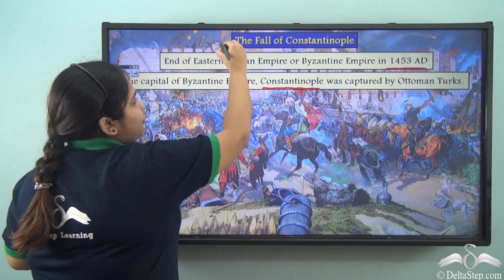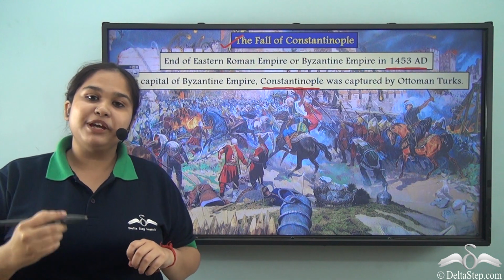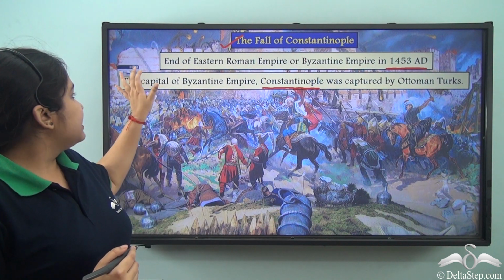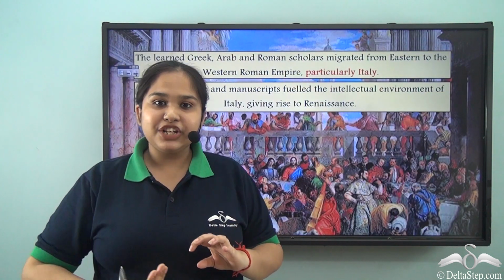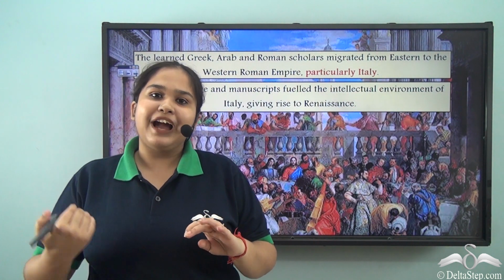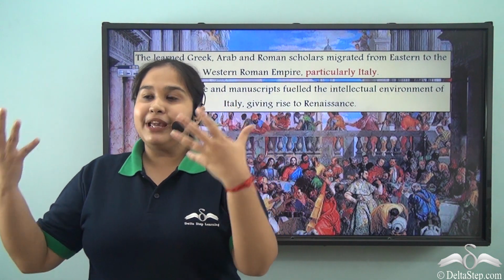So the fall of Constantinople becomes another major cause for the rise of Renaissance. And why so? Because these migrations that were happening were essentially because of factors like the Crusades, like the wars, like the fall of a major capital.